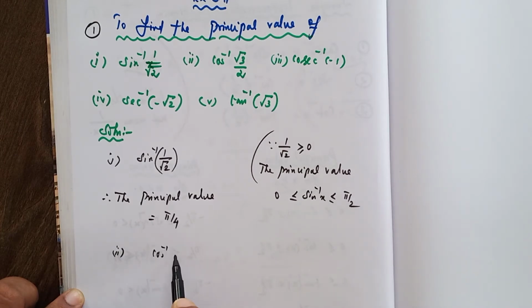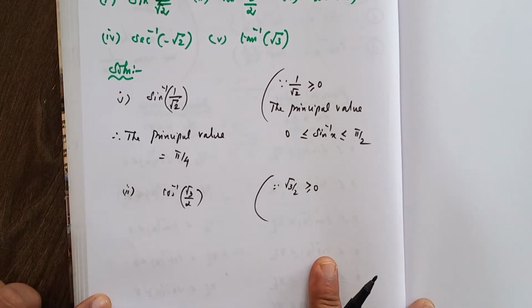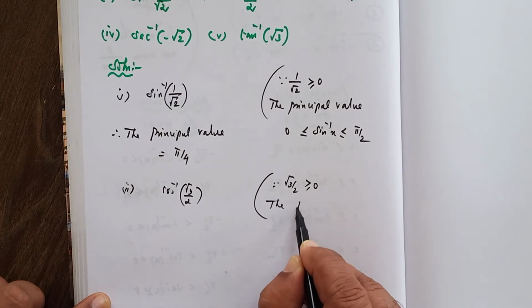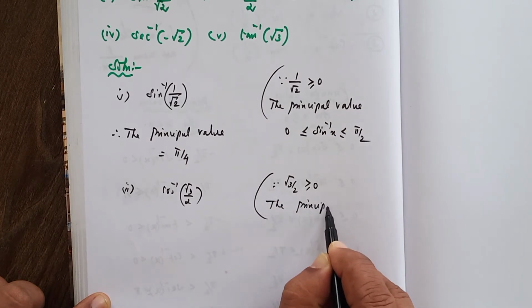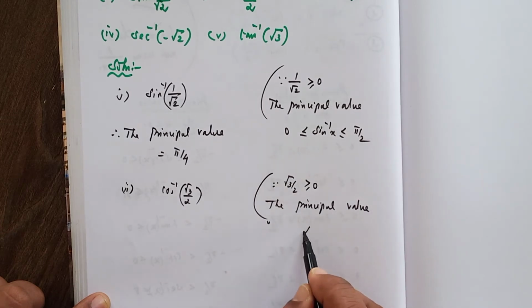Now subdivision number 2. Cos inverse of root 3 by 2. Root 3 by 2 is greater than or equal to 0, again positive. Now the principal value of cos inverse of x. Look at that.